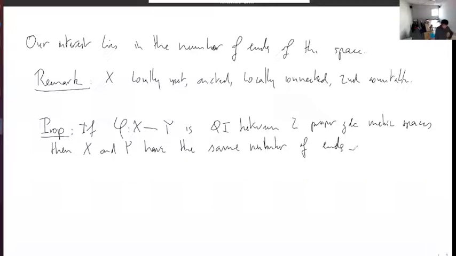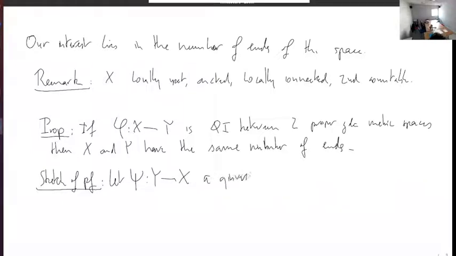So how can we prove that? I will just sketch the proof. We will consider psi to be a quasi-inverse of phi.